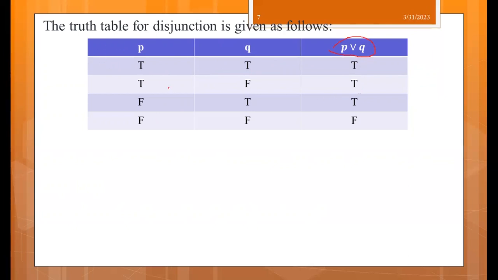This is also true because the first one is true, even though the second component Q is false. And because the logical disjunction P or Q is false only when both P and Q are false at the same time, except for this one, with the other possibilities the logical disjunction will have a truth value which is true.